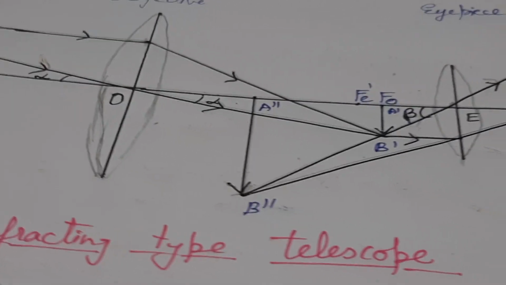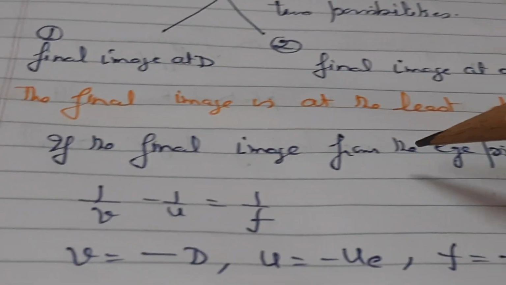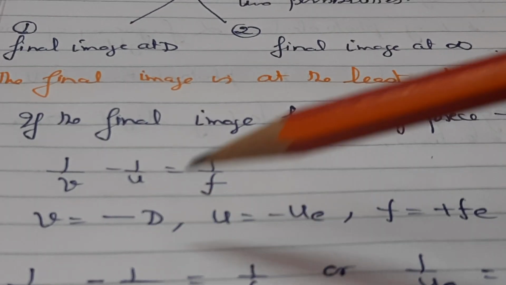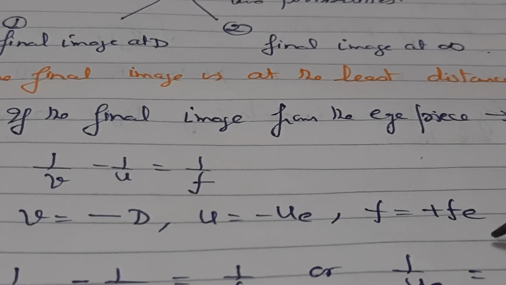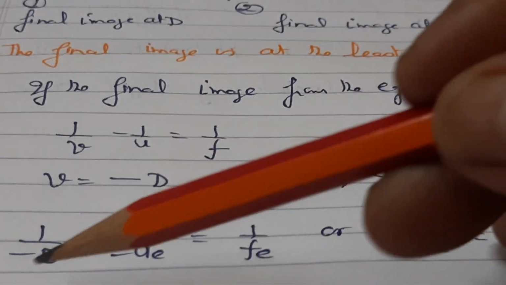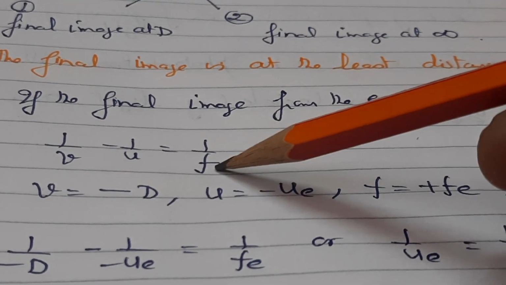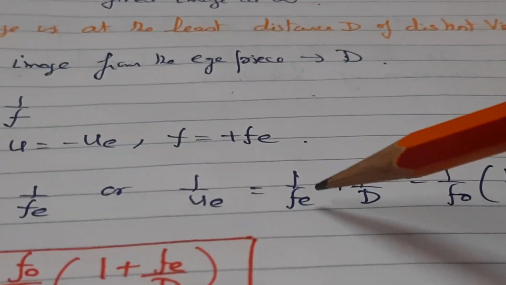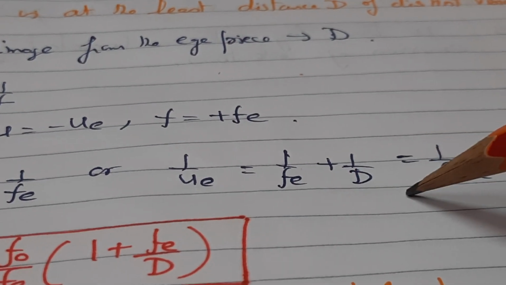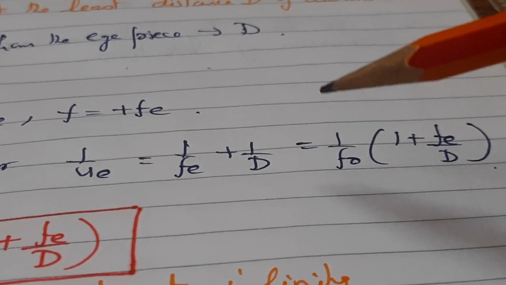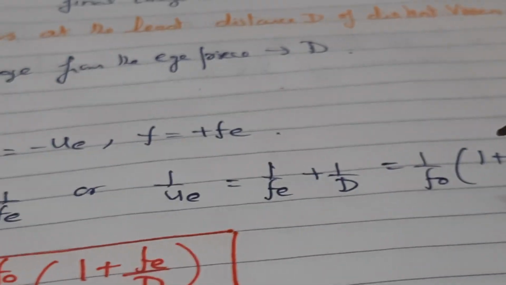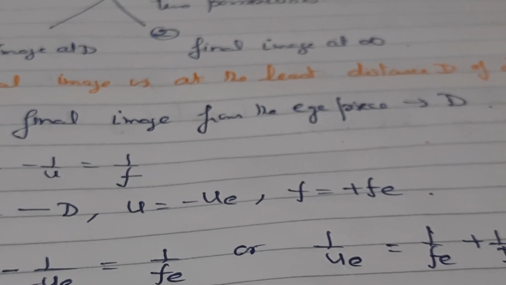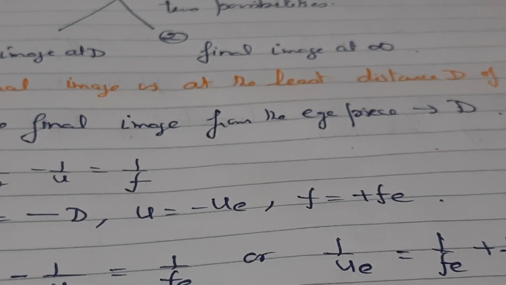So both will come with minus sign, and you know the focal length of a convex lens is always positive. So v is equal to minus d, u is equal to minus ue, f is equal to plus fe. You will substitute these values in this, and you will get the value of 1 upon ue. It will come 1 upon fe plus 1 upon d. So what will you do here?